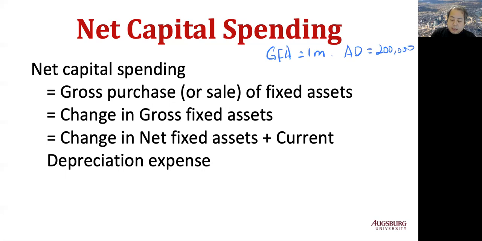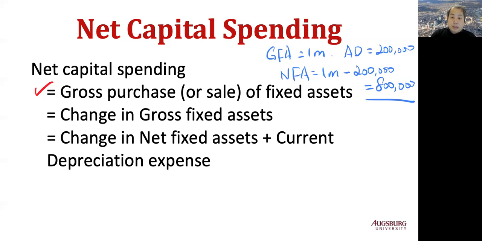That difference is called the net fixed asset, which is 1 million minus 200,000, so 800,000. That is net fixed asset. Because gross fixed asset amount is the amount of cash we pay or receive, we should focus on the change in gross fixed asset.